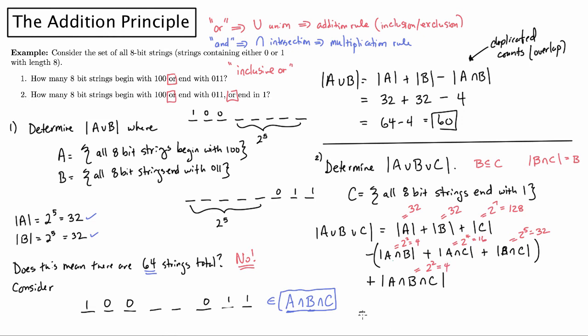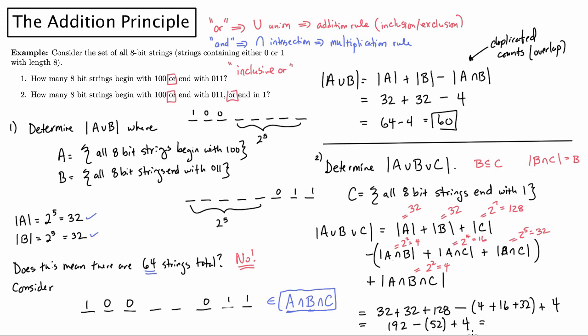So adding this example up, we have 32 plus 32 plus 128 minus 4, 16, and 32 plus 4. So this brings our total here. Let's see, 192 minus, we're going to throw out the 52 duplicates, but we threw out 4 too many.